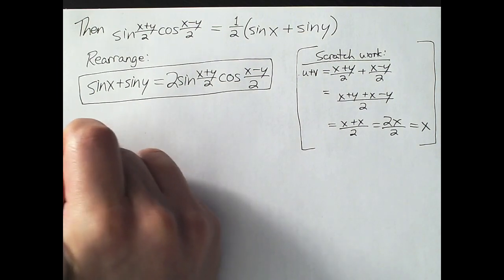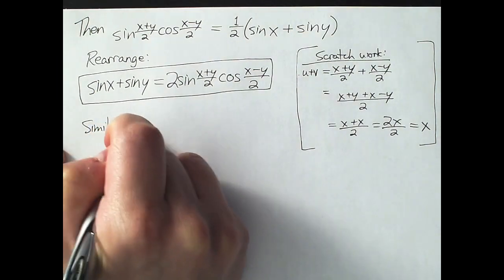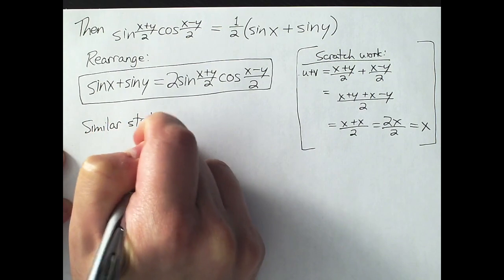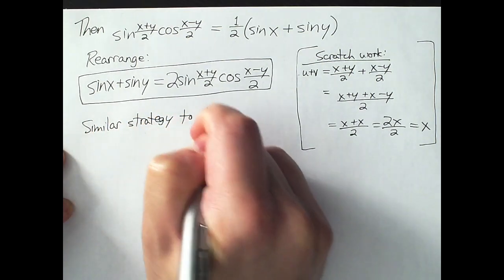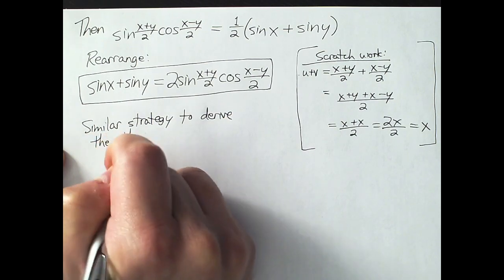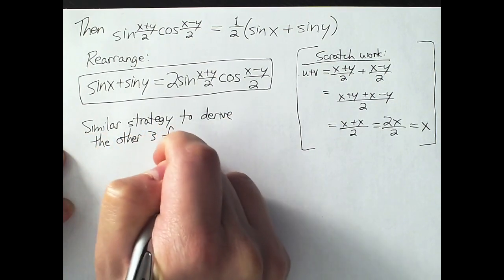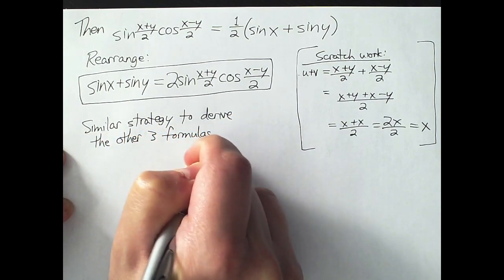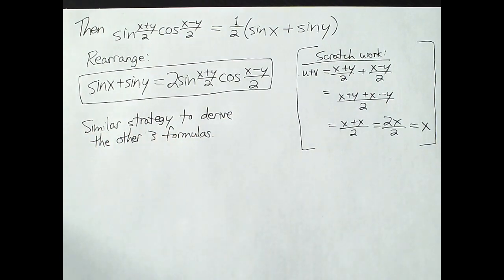And I'll just say that a similar strategy can be used to derive the other 3, because there were 4 formulas under the sum to product identities.